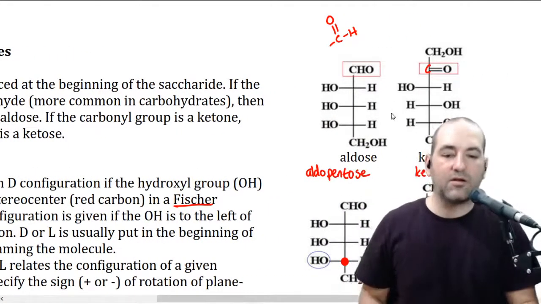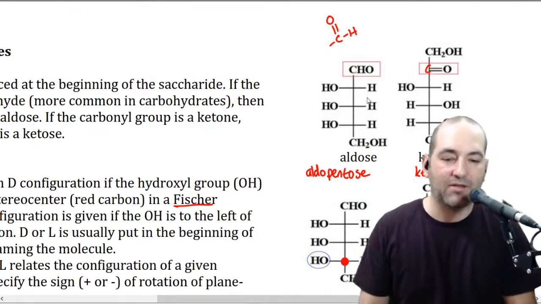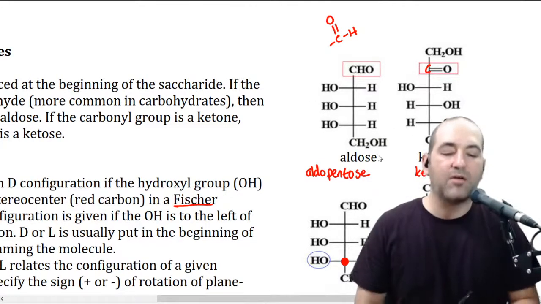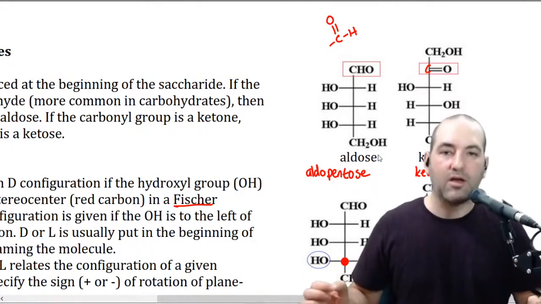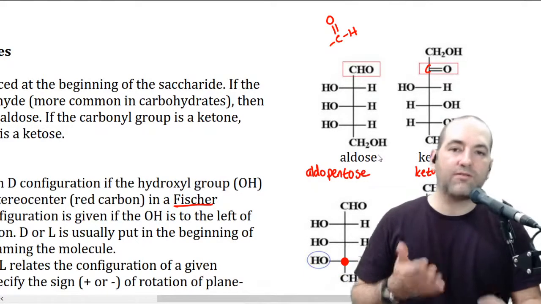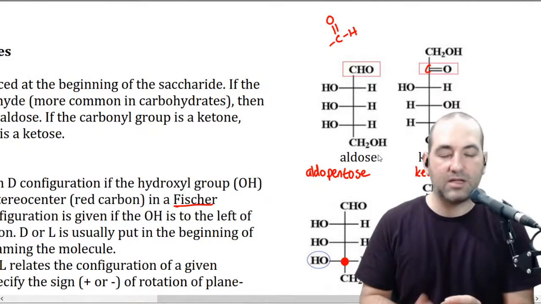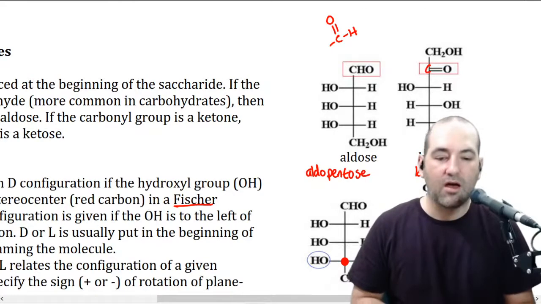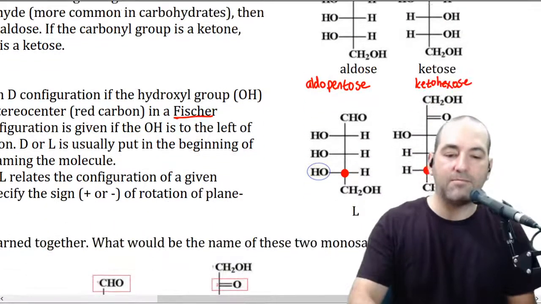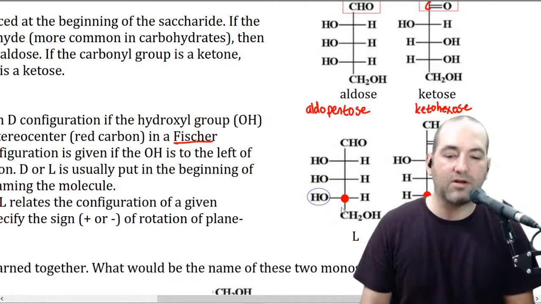I said earlier that it matters which side of the line these OHs and Hs are on, because if we convert this to a chain structure, you would use different dashes and wedges for that. So that ends up being different stereoisomers. Sugars are classified based on the stereochemistry of their bottom chiral carbon in the Fischer projection.